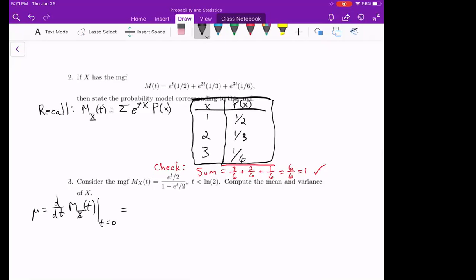How do you take the derivative of this M? What would you do? What derivative rule would you make use of? Product. So you could rewrite it as a product, which would also require chain rule.